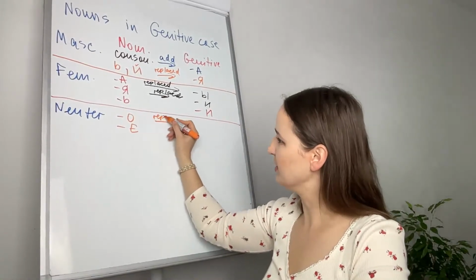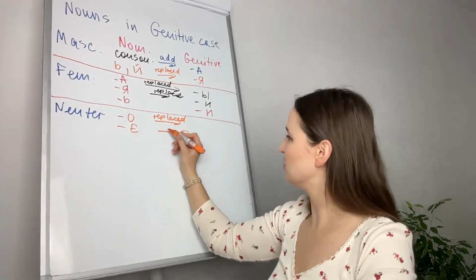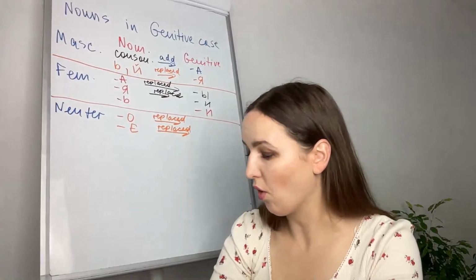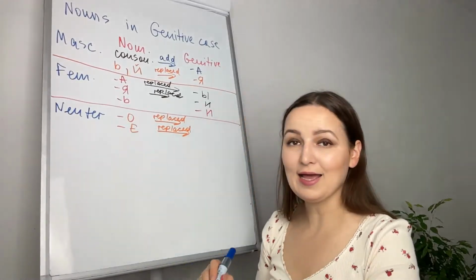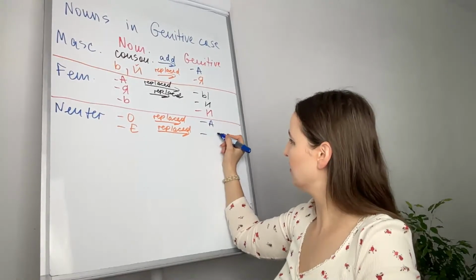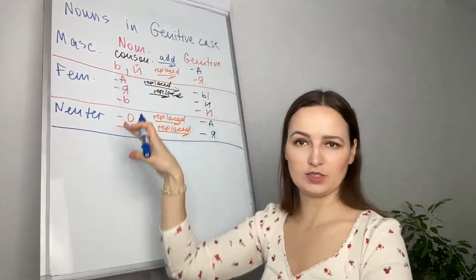O will be replaced with a, and ye will be replaced with ya. A and ya. Now let's see this all in context.